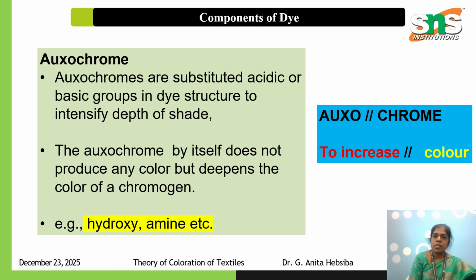Substituted acidic or basic groups in the dye structure are used to intensify the depth of shade. Oxochrome by itself will not produce any color at all, but deepens the color of a chromogen. Examples are the hydroxyl group, amine group, etc.